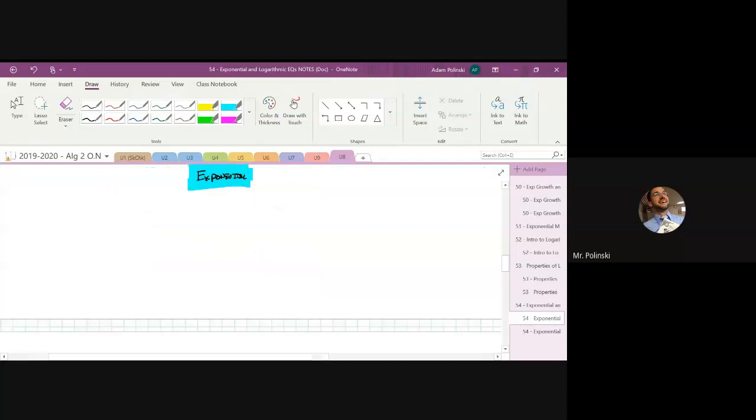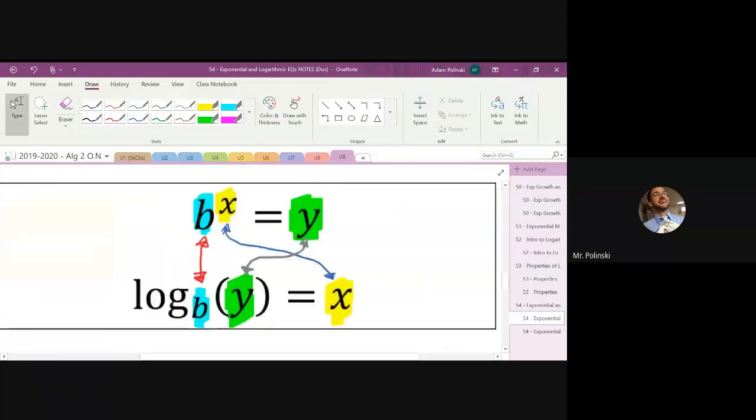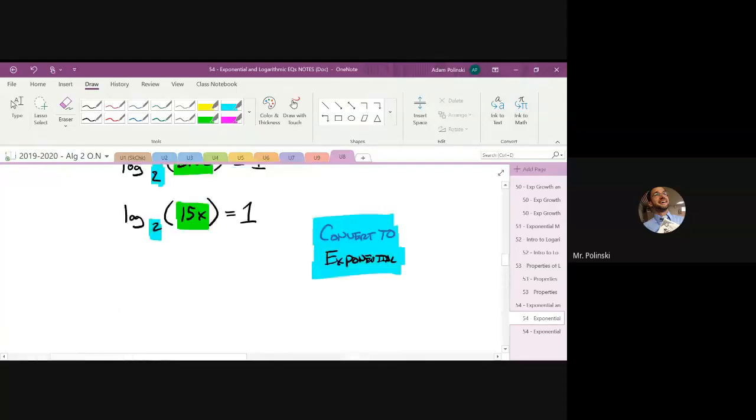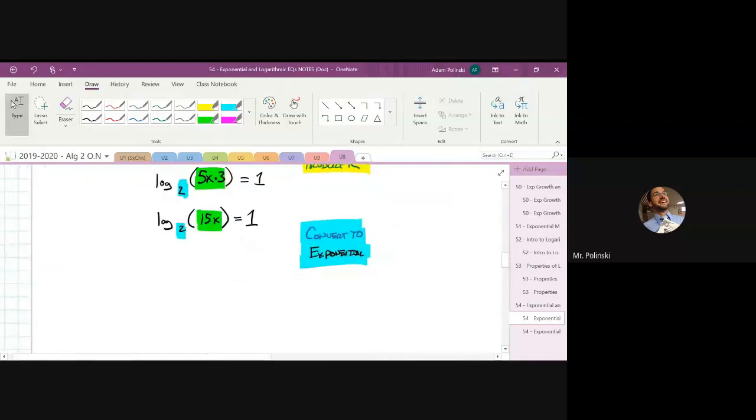We just talked about this on the back: the base is the base is the base. The argument becomes what we're equal to, and the answer here becomes our exponent. Logs really equal exponents, so we do this switcheroo. 2 raised to the first power is going to be equal to 15x.